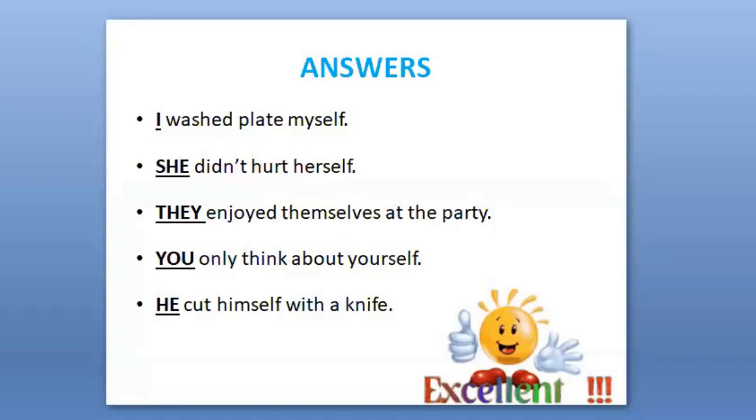So herself is there, it's a girl, so we will use she. Dash enjoyed themselves at the party. Themselves is a plural form, so we will use a plural personal pronoun, that is they. Dash only think about yourself. So you. Dash cut himself. Himself means he. Okay, now it's your turn to give me the answers.